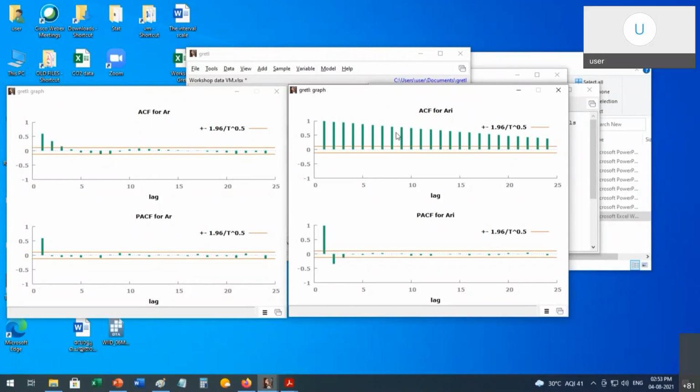But in the second case, where the ACF is not fast decaying, where it slowly decays, there we have one or two significant spikes. The significant spikes in this case will indicate the number of unit roots.